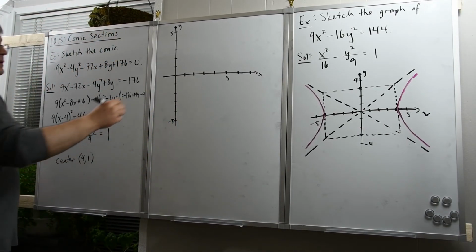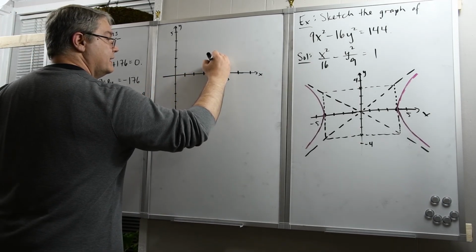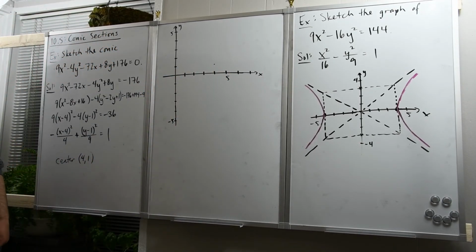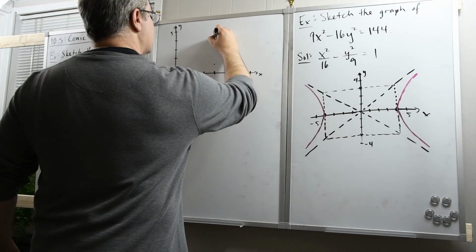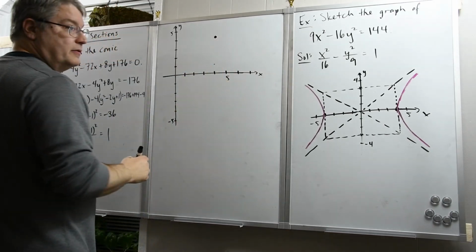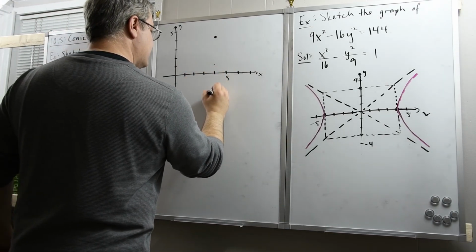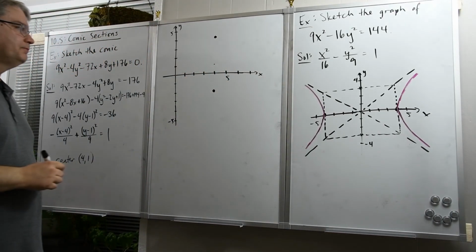Again, center, 4, 1. So we'll put that right there just to mark the spot. We're going to take a look at this y minus 1 squared over 9 first, because once again, the hyperbola is opening upward and downward. Square root of 9 gives you 3, so from the center, we're going to move up 3 units. That'll be one vertex. We'll move down 3 units. That'll be the other vertex.